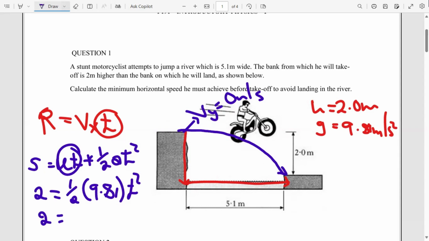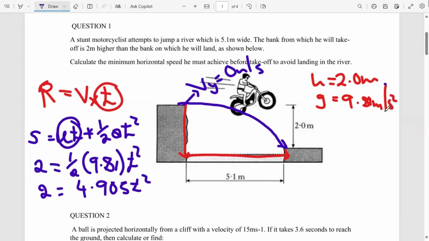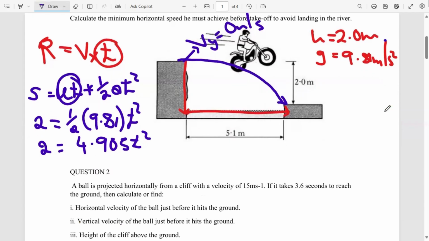So I have 2 being equal to 4.905 t squared. If you notice, our gravity is going to be positive, because in this case he's traveling along the direction of gravity. So in case there are those who are not sure about the sign of g, here it's positive since it's moving in the direction of gravity.